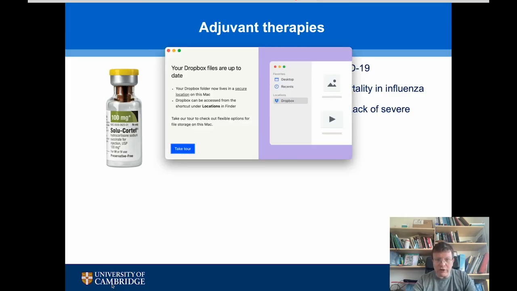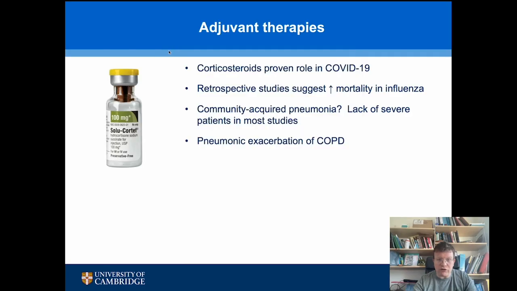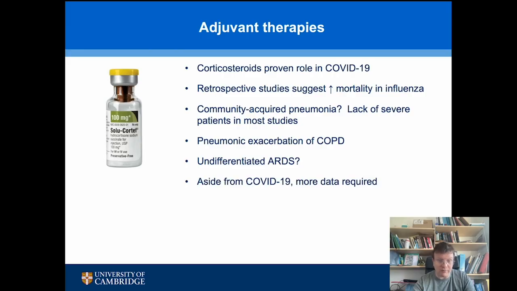In patients with pneumonic exacerbation of COPD, steroids are standard, although the evidence here is not strong. In patients with undifferentiated ARDS arising from conditions other than COVID-19, I would say at the moment this remains experimental and should be the subject of randomized trials, not empiric therapy. So, as I say, aside from COVID-19, more data required here.